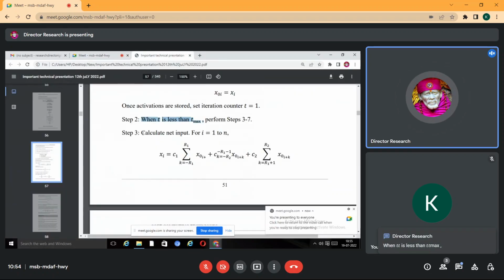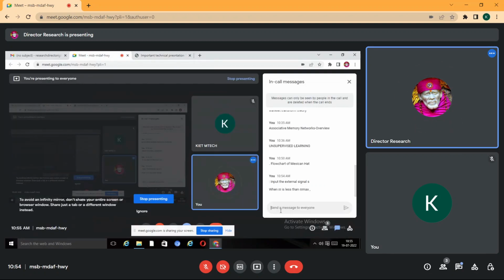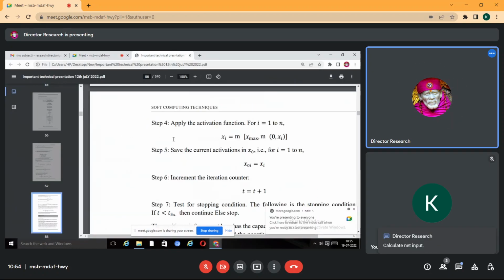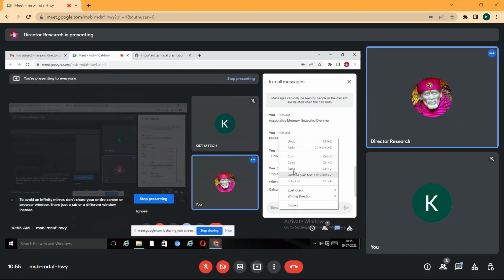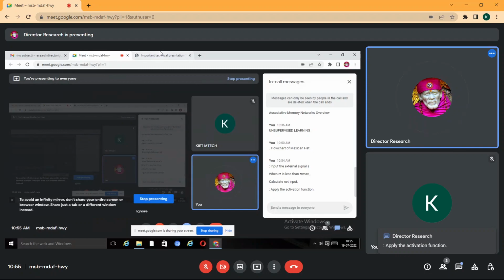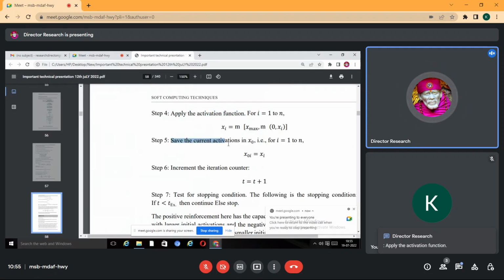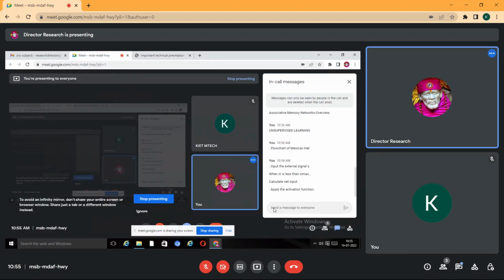Step 3, calculate net input. Step 4, apply the activation function. Step 5, save the current activations.